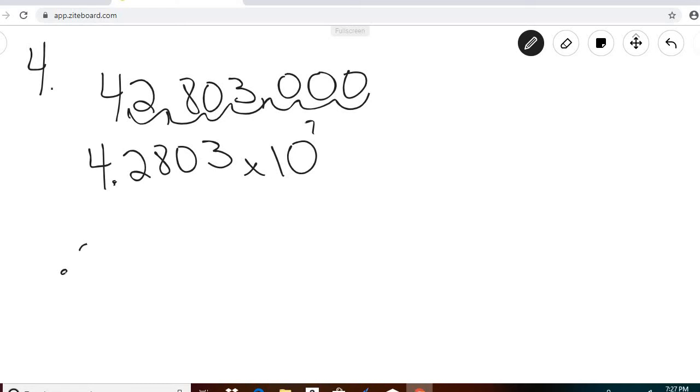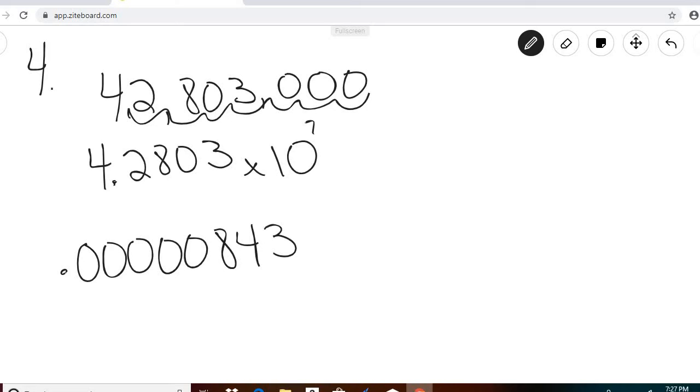And then part B is 0.000008 43. So again, looking at significant figures, none of those zeros are significant. They're to the right of the decimal place, but they're not at the end. So we have 3 significant figures.